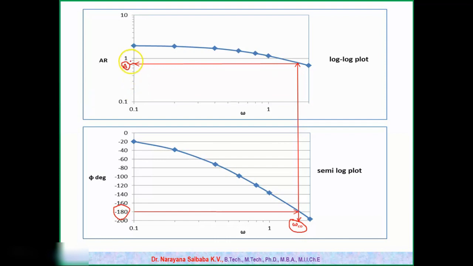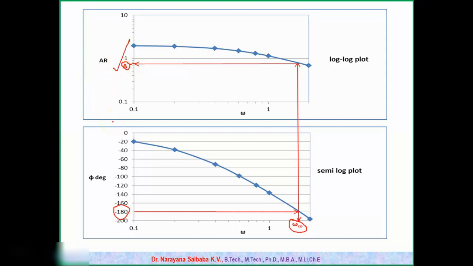So our control system is stable for a Kc value of 1. If we change the Kc value, it may change. If we get this line above 1, then our system is unstable. But for the given problem of Kc equal to 1, this control system is stable.